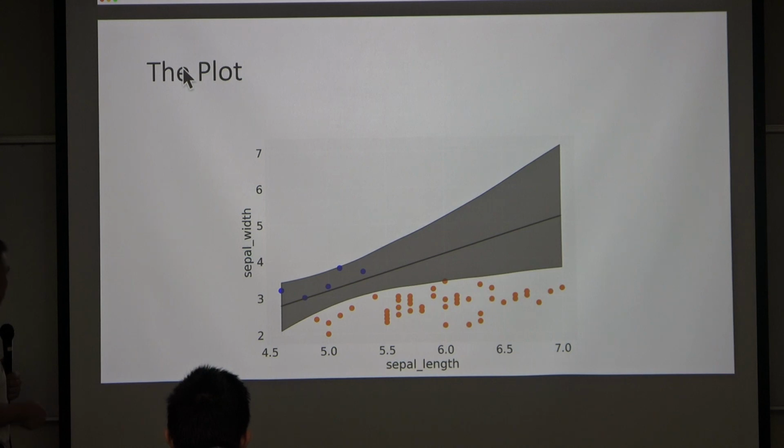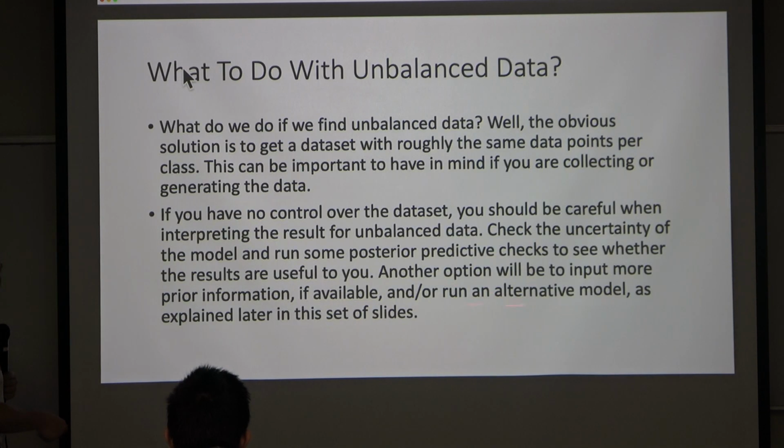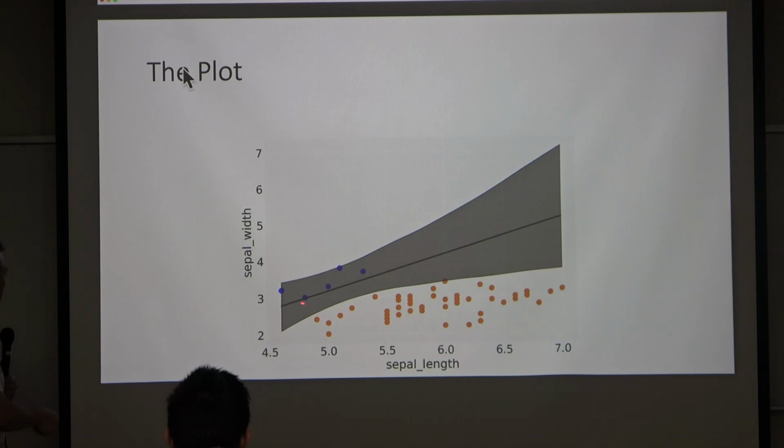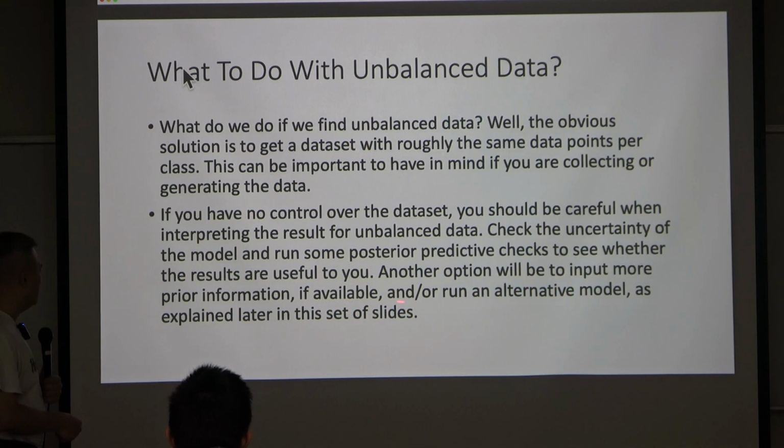Another option is to input more prior information. For this minority class, you can try to provide certain prior information to fix this bias, but it depends on how much you know about this data set.